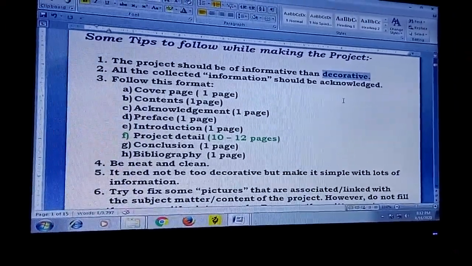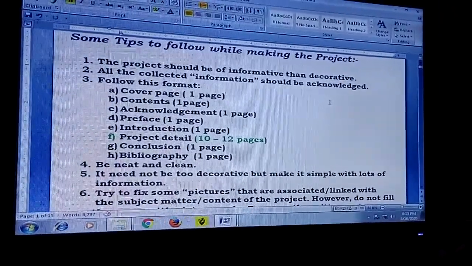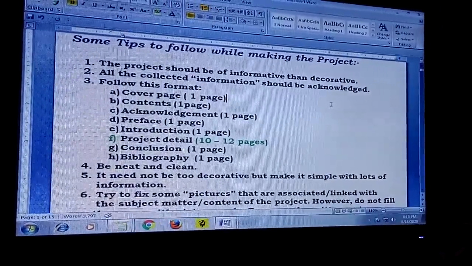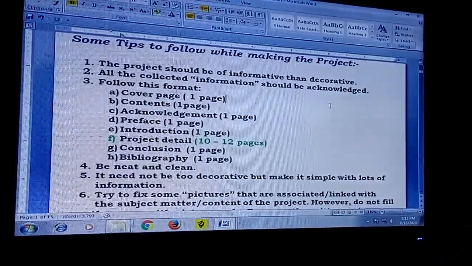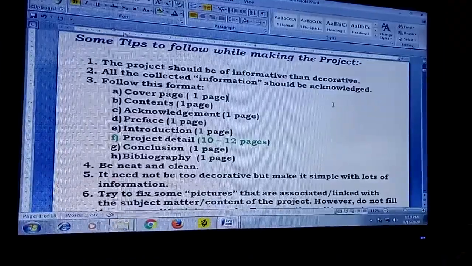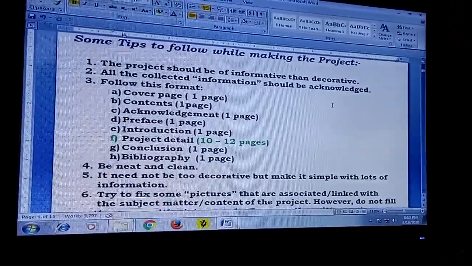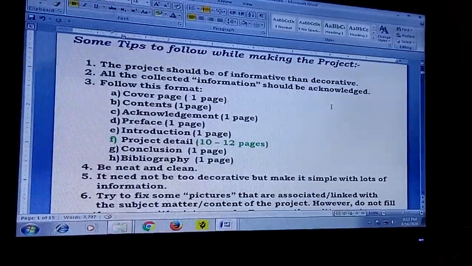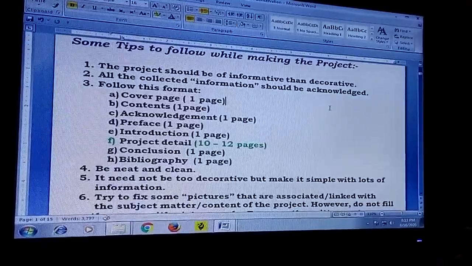But for the senior students, content is more important than decorative things like pictures. And by the way, when we say decorative, you are allowed to give only the pictures, not extra decorations with flowers, stickers and all this. Please don't waste your time and money on that.